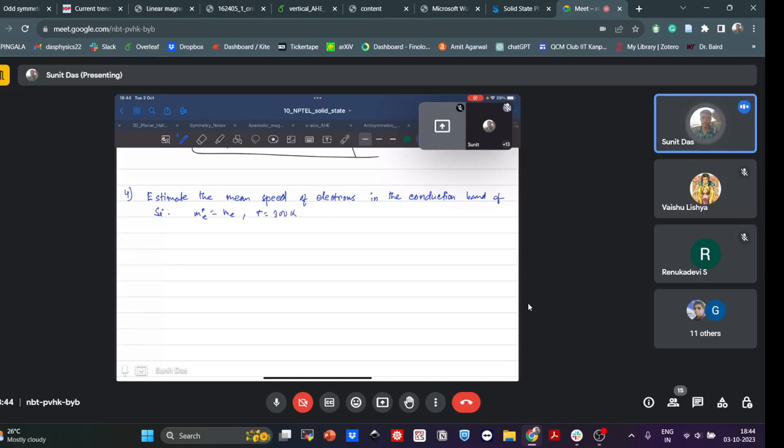With this much information, we need to estimate. This is just an estimation because it will not be accurate, since the effective mass never becomes exactly equal to the electronic mass. So any idea how to estimate the mean speed of electrons?